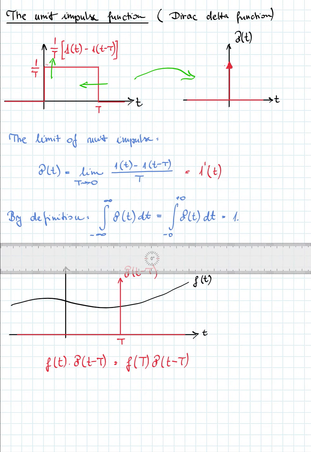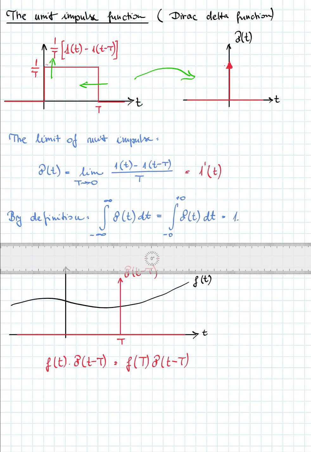By definition, the integral from minus infinity to plus infinity of the Dirac delta function is equal to 1, and the integration limits from minus infinity to plus infinity can be rewritten as minus 0 to plus 0, because the Dirac delta function is at time t equal to 0.